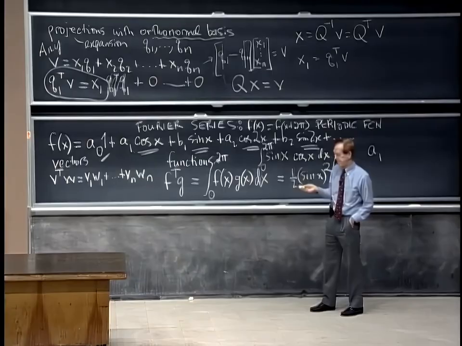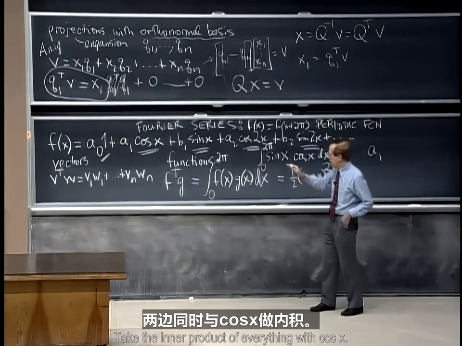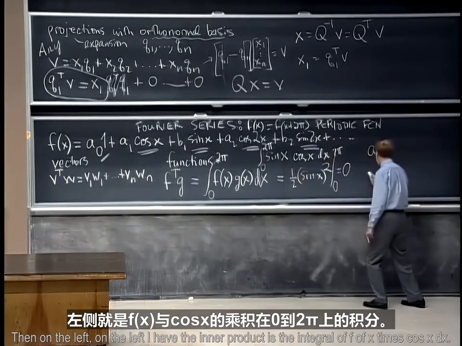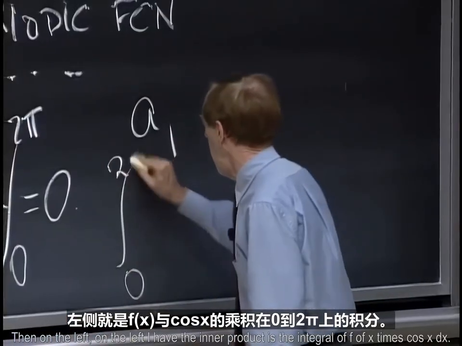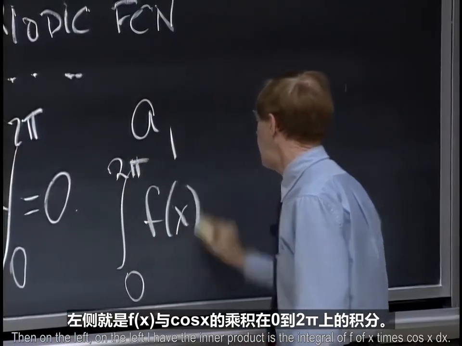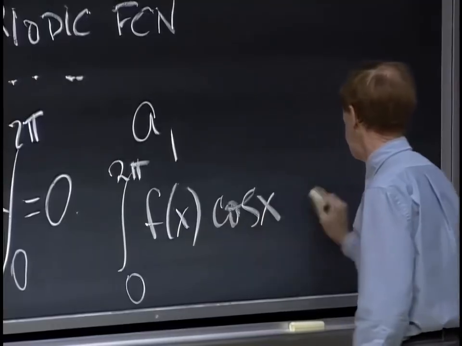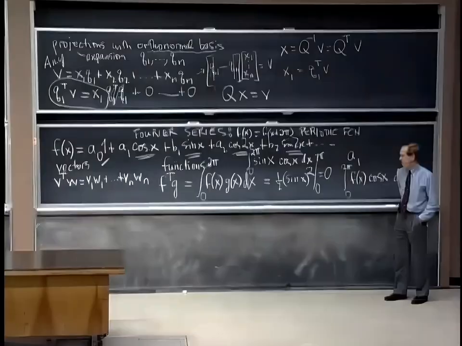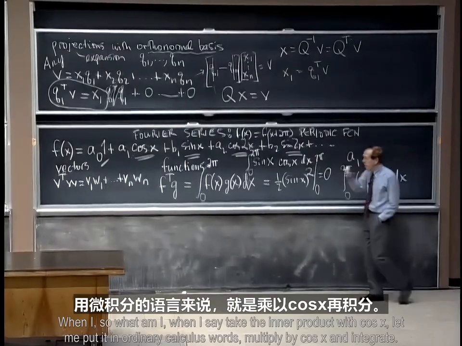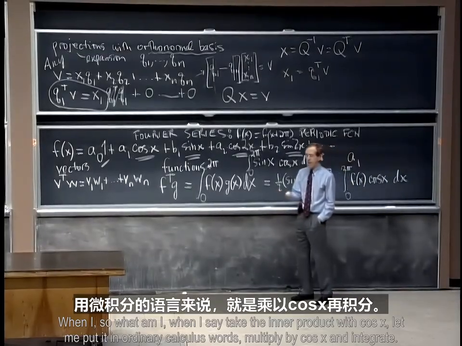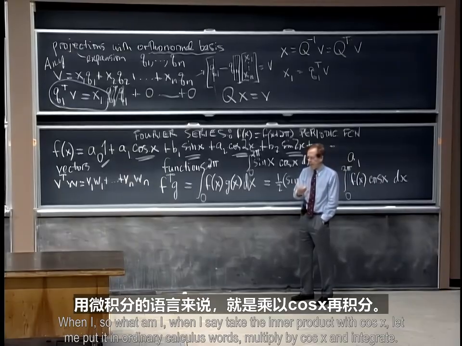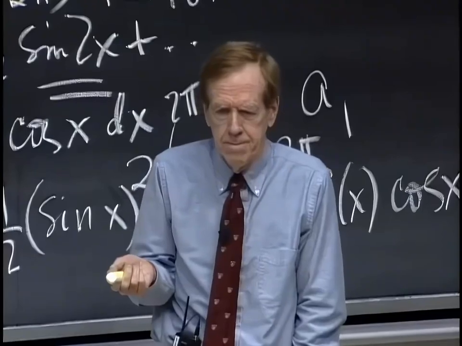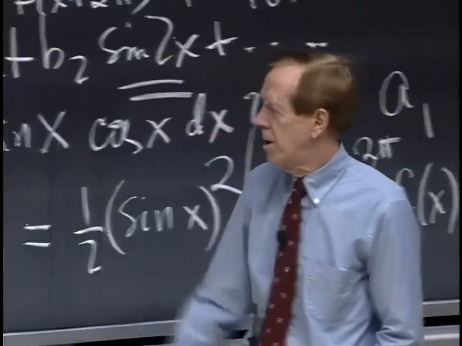Okay. I do just as I did in the vector case. I take the inner product of everything with cos x. Then on the left, I have the inner product, which is the integral of f of x times cos x dx. And on the right, what do I have? When I say take the inner product with cos x, let me put it in ordinary calculus words.